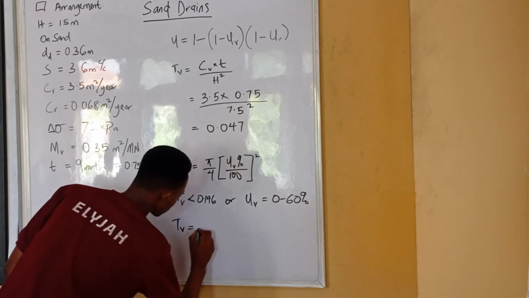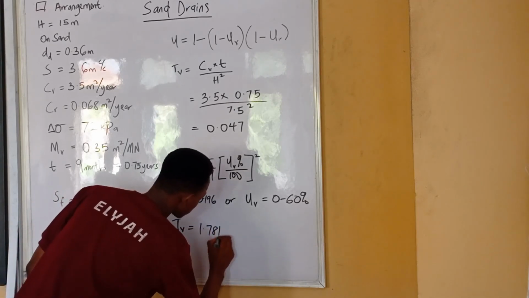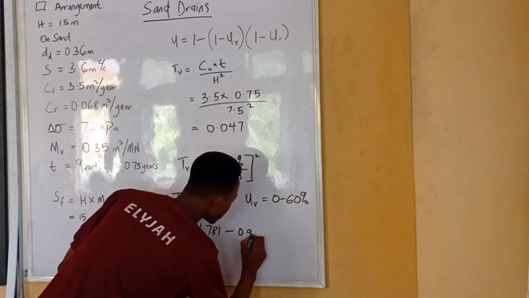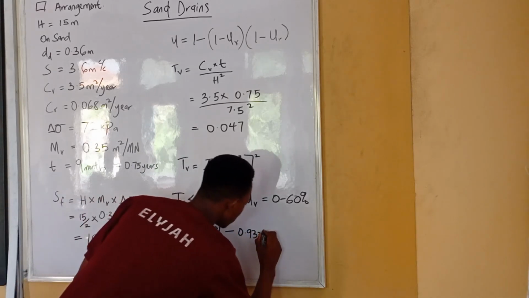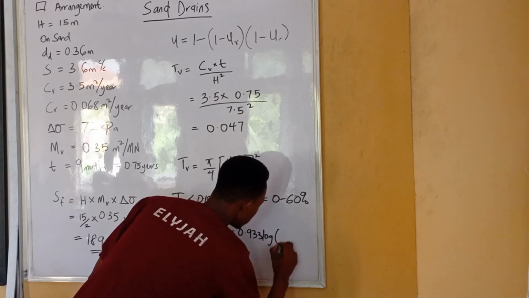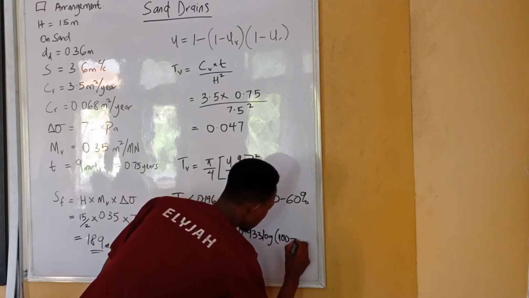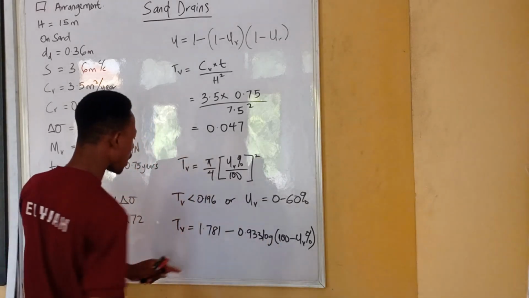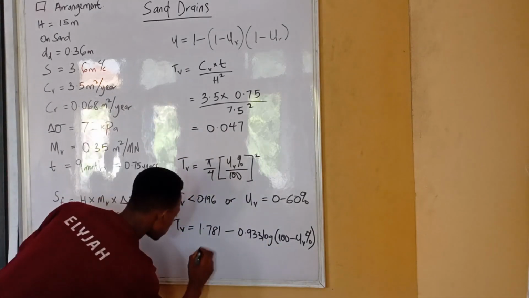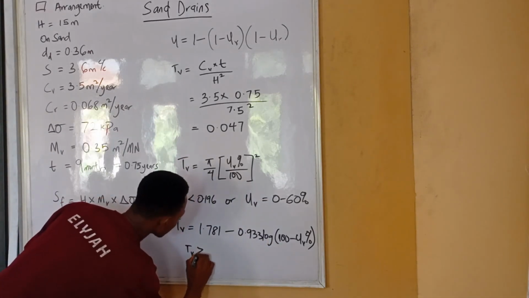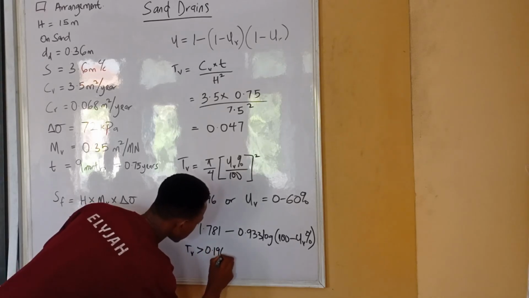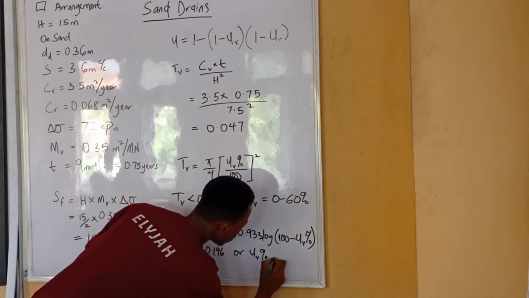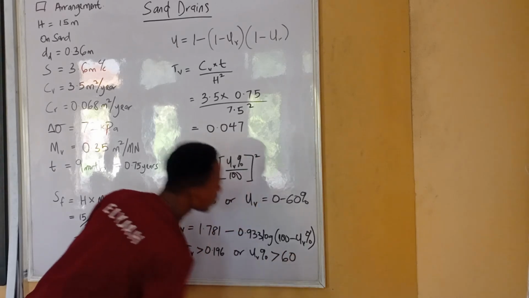TV equals 1.781 minus 0.933 log of 100 minus UV percentage. You can only use this one if our TV is greater than 0.196 or UV is greater than 60.